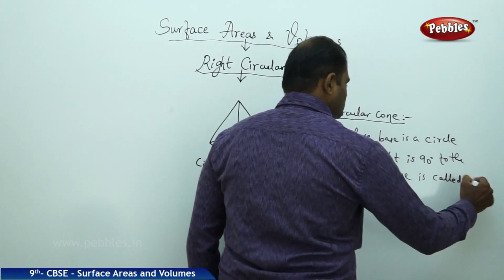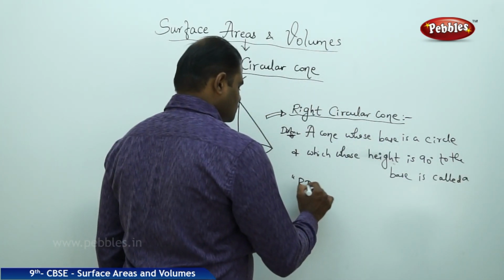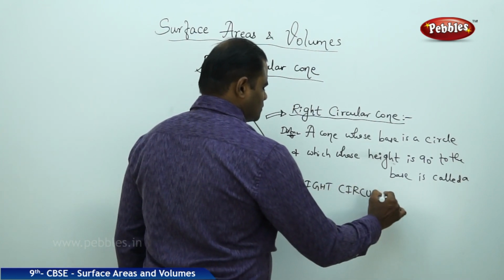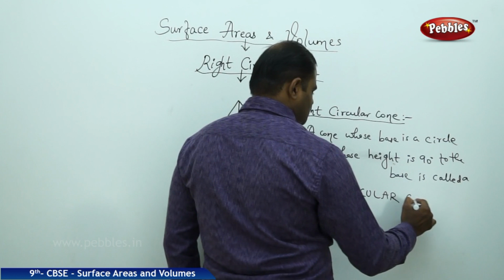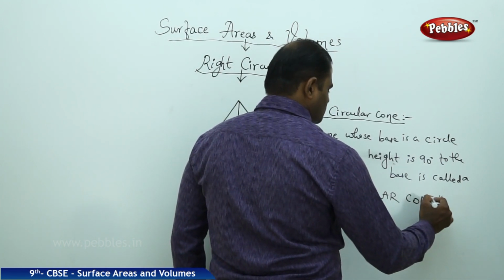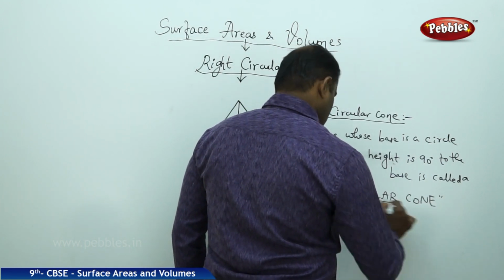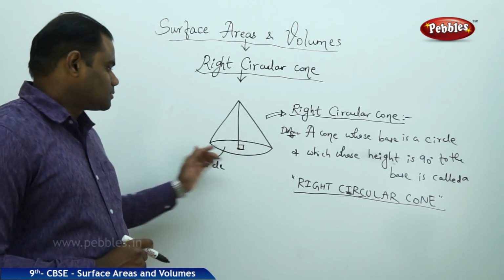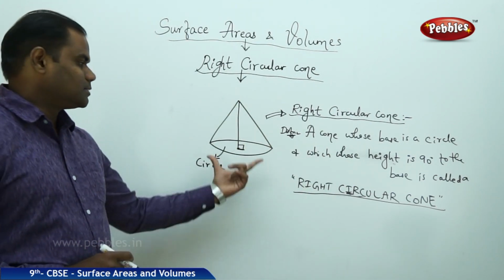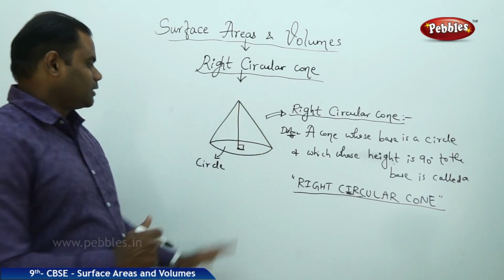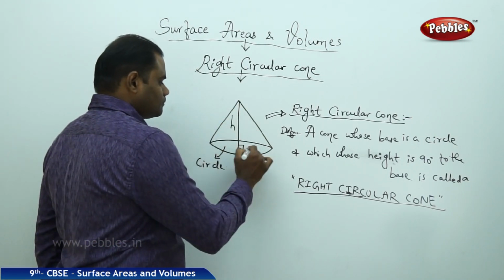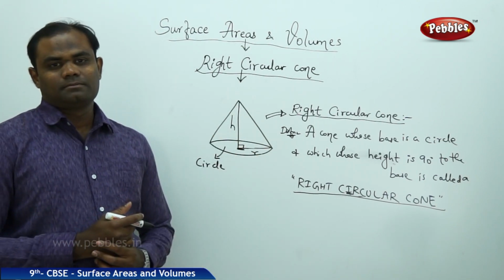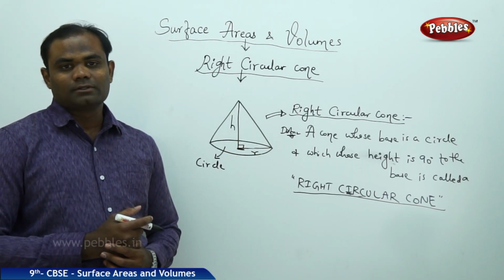This is how we understand a right circular cone. The base is a circle and the height is perpendicular to the radius. It's a right circular cone.